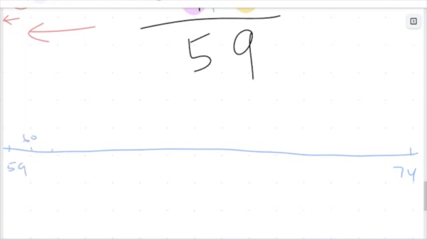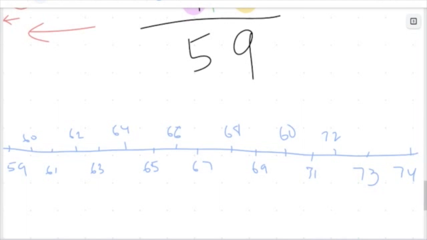So I'm going to do 60, 61, 62, 63. This is going to be a bit tedious, but I just want to prove to you guys that it works in the same way. 66, 67, 68, 69, 70, 71, 72, 73, 74. Let me just double check I've got all my numbers. Yeah, cool, we're good.